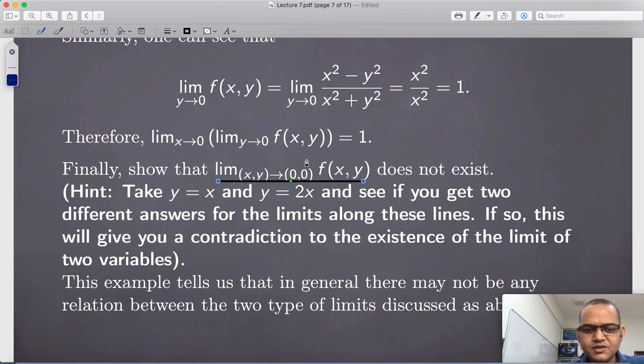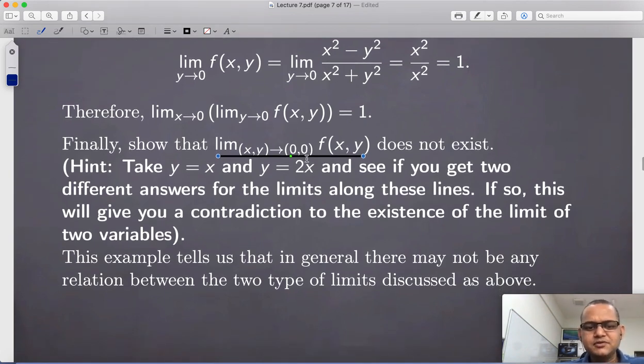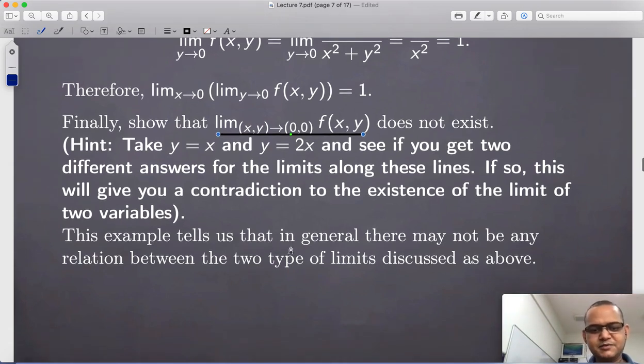So you have to work with examples and then try to see what things depend on, because now you have more than one variable, so which variable you deal with first can also make a difference. This example is telling us that the two things need not be the same.